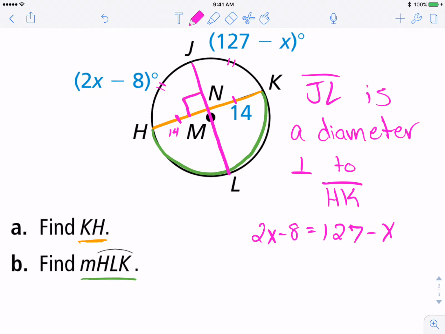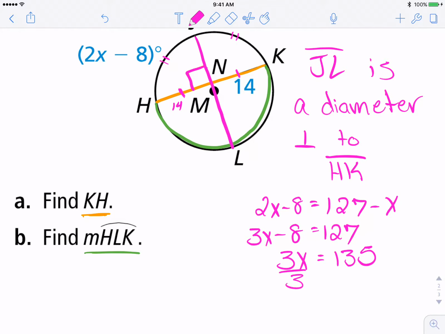So if we solve that guy, I'm going to add the x to both sides. Okay, and let's add the 8 to both sides. 135. Divide both sides by the 3. 45.